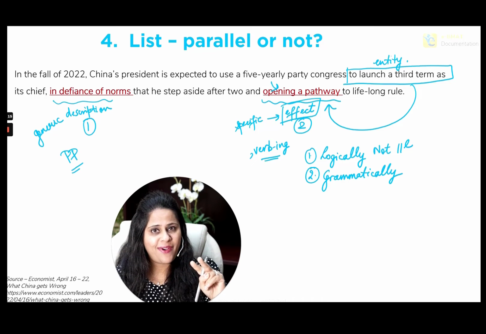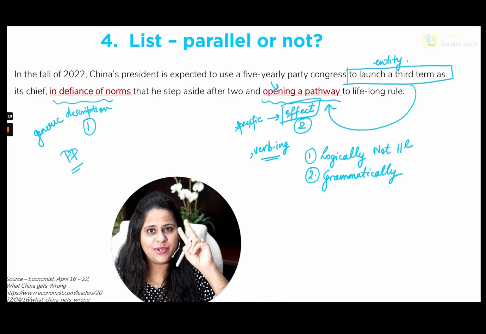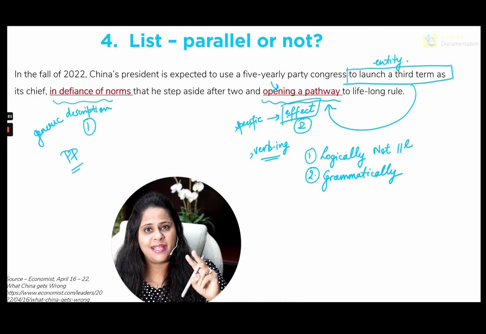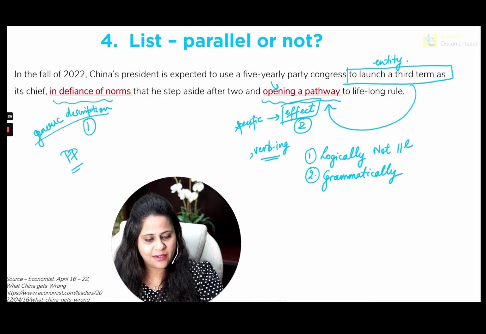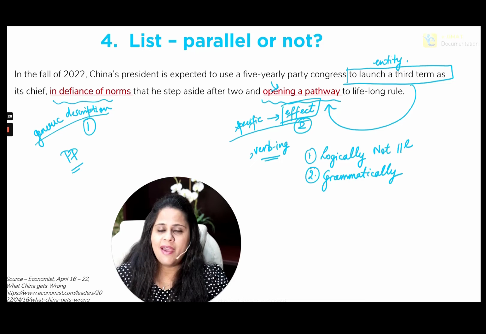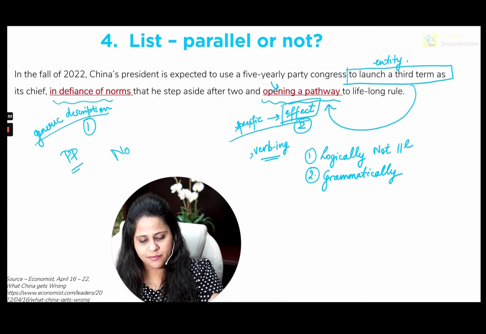And these two modifiers are modifying the entity in two different ways. They're presenting two different aspects, right? So one is giving a generic description, the other is giving a specific effect. So for that reason, this sentence is not parallel.